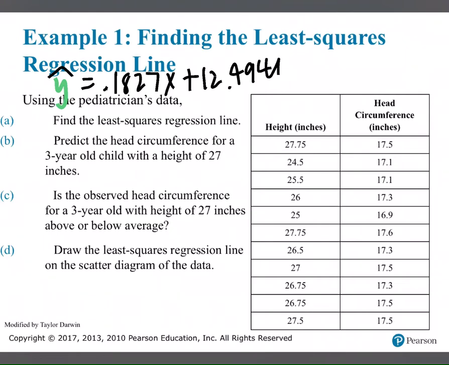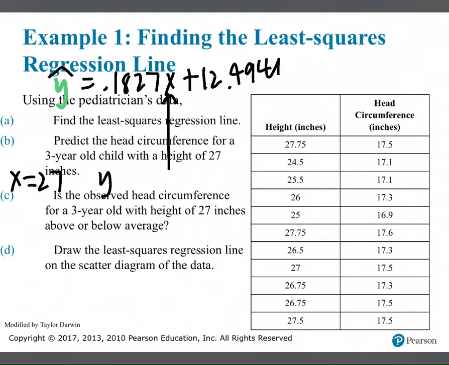And it says predict the head circumference for a 3-year-old with a height of 27 inches. And so basically your x is equal to 27. So I'm going to plug in 27 for that x. 0.1827 times 27 plus 12.4941.